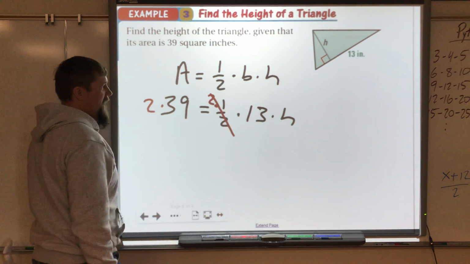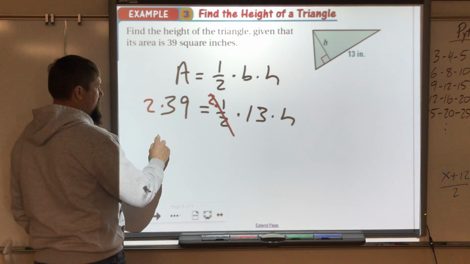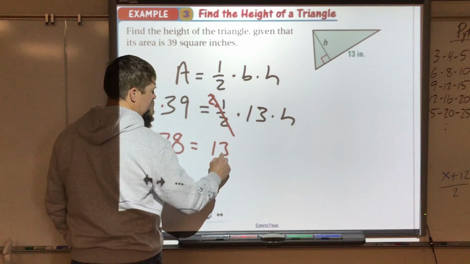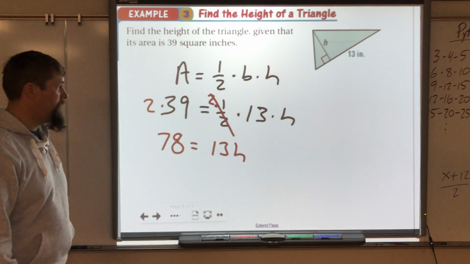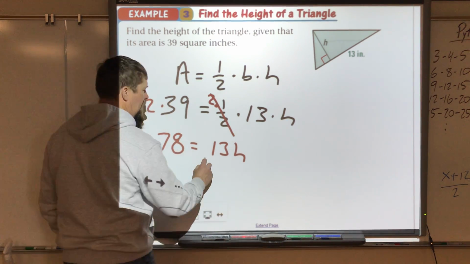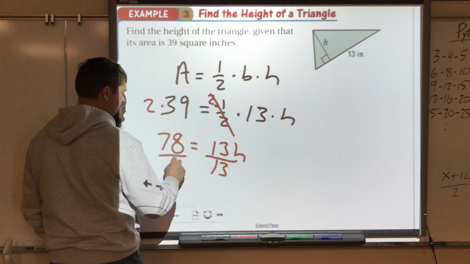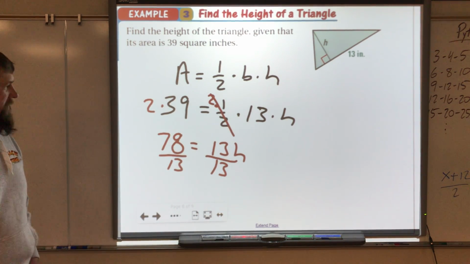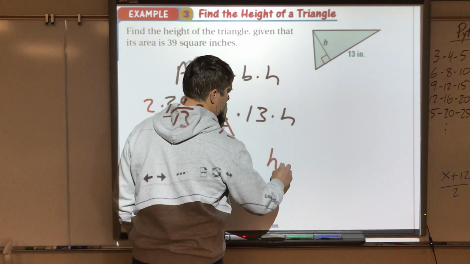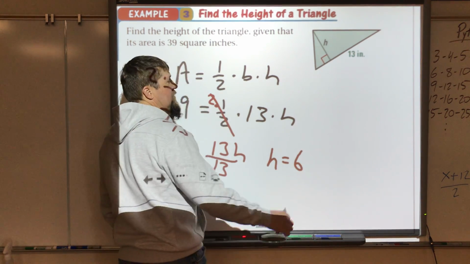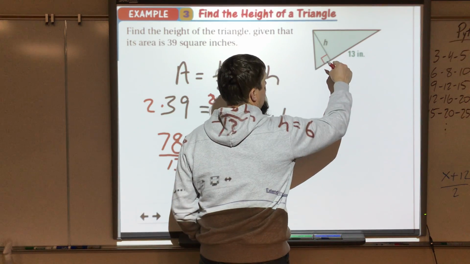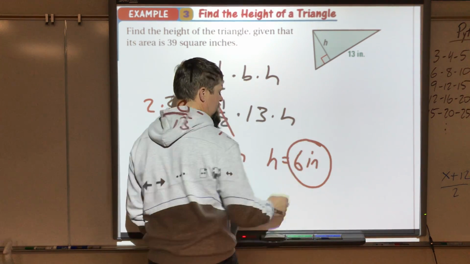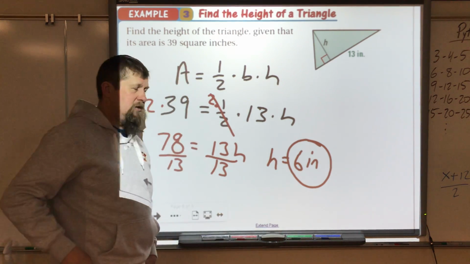That eliminates that. This gives me 78 on this side and 13h on this side. Now I will divide by 13. So that will be 6. h is equal to 6. And again, because you're talking about a length, not an area, it's just inches.